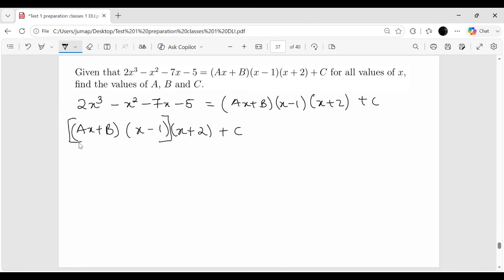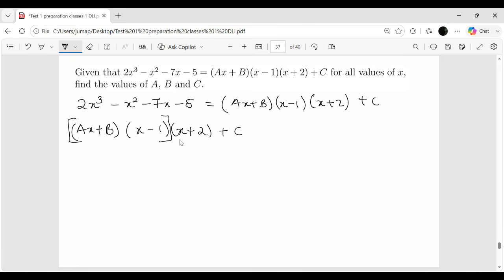Okay, it's actually ax plus b, open bracket x minus 1, open bracket again x plus 2. Yes, it's positive. All right. Thank you. So here, we're going to expand.